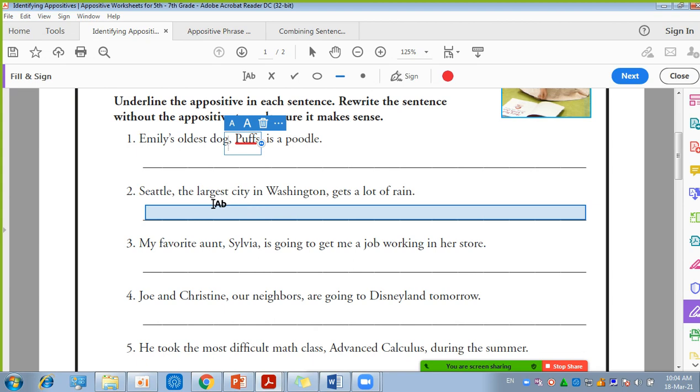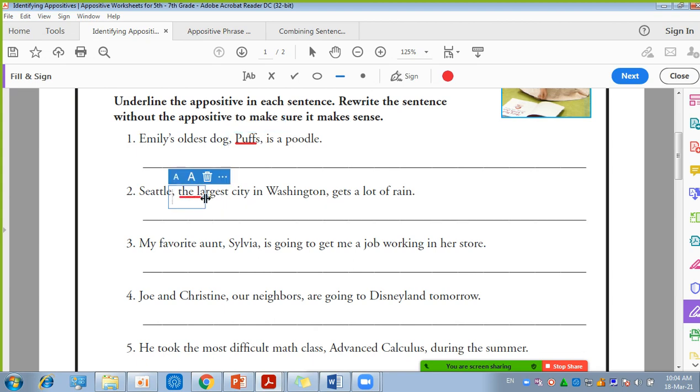Yes, that's right. If you read it without this part that you have underlined, what would be left out? Seattle gets a lot of rain.